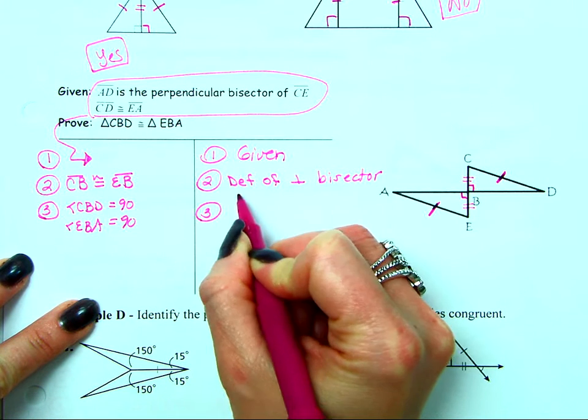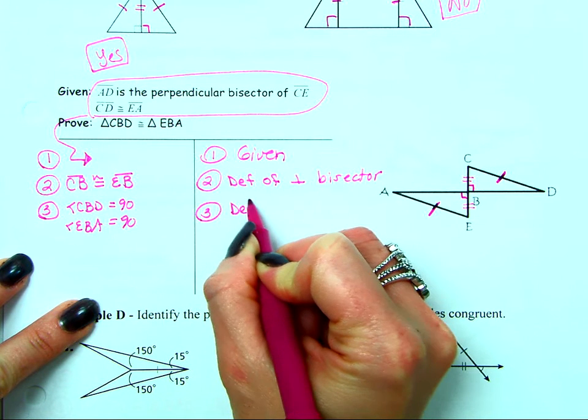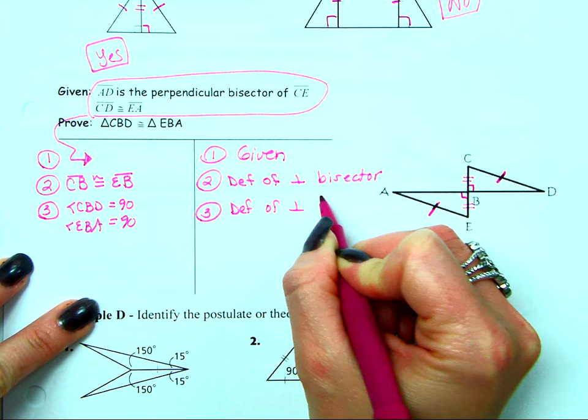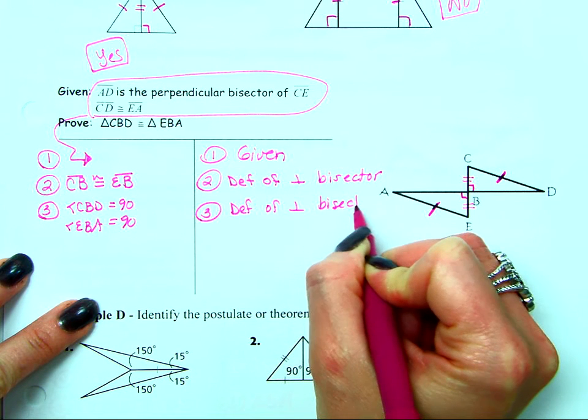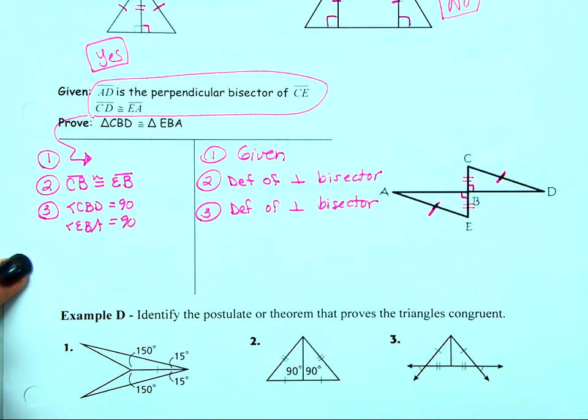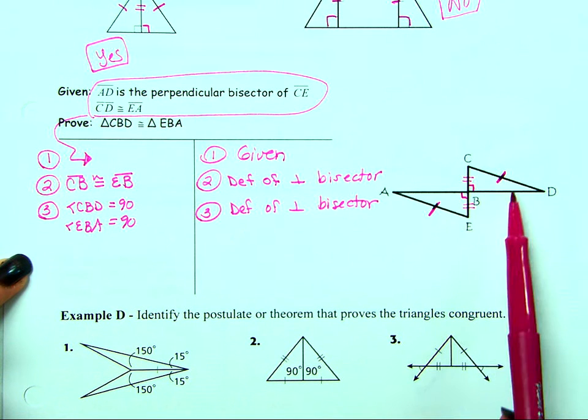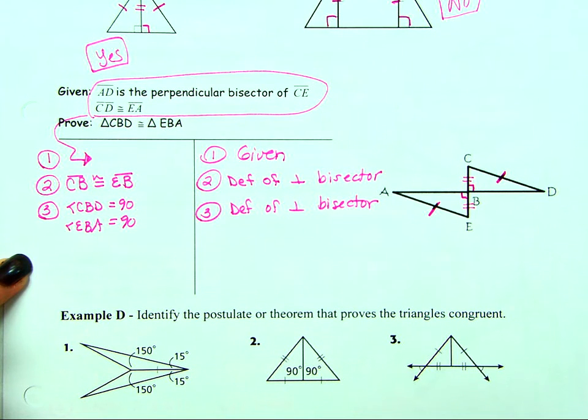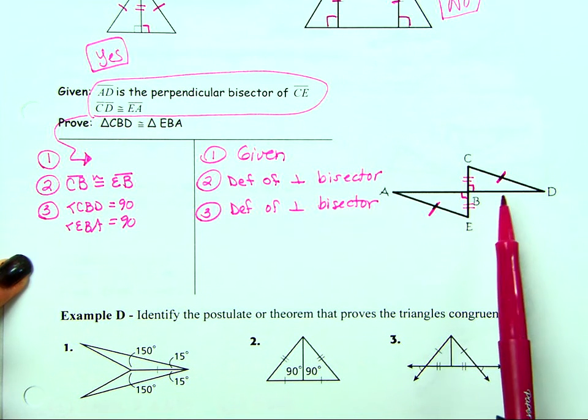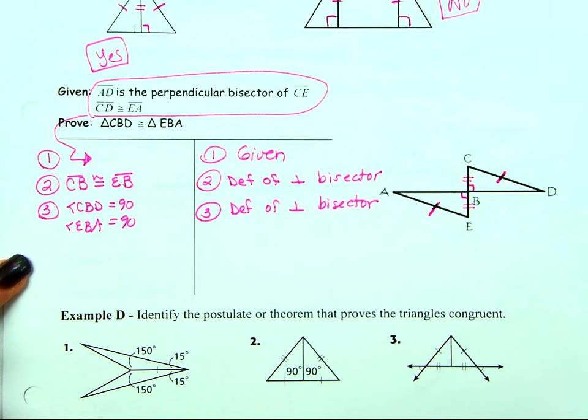And I'm in fact going to go ahead and use the same reason. It is because of my perpendicular bisector. Now, I actually see, oh, these are right triangles, and I have shown the hypotenuse leg theorem.